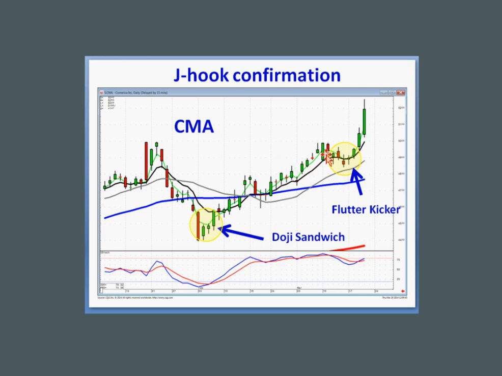So I have no qualms. It used to be if I closed something out and they started back up, I thought they're not going to fool me into getting back in and then taking it right back down again. Well, at least now I know what type of patterns to look for. And if they're taking it back up with a very strong signal, the flutter kicker signal, I know to close it out here. I have no qualms about closing it here and buying it back here, knowing that when I got out, the probability said it was pulling back, and when I got back in, the probability said I was heading back up again.